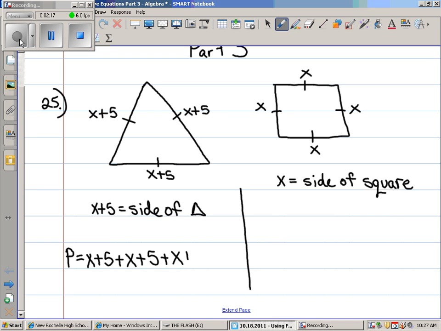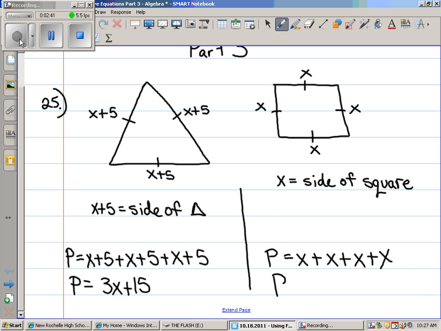Each side. The perimeter for this triangle is going to be 3x plus 15. That's for the triangle. How about for the square? Yeah. The perimeter for the square, right? We got to add up each of the sides. 1, 2, 3, 4. And so the perimeter for the square is going to be 4x.